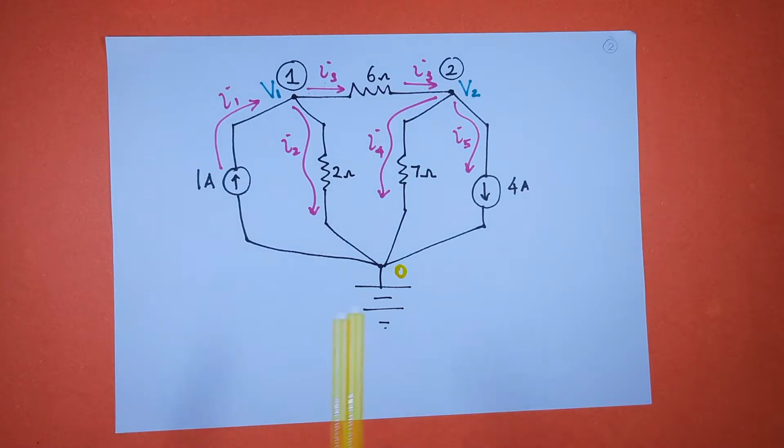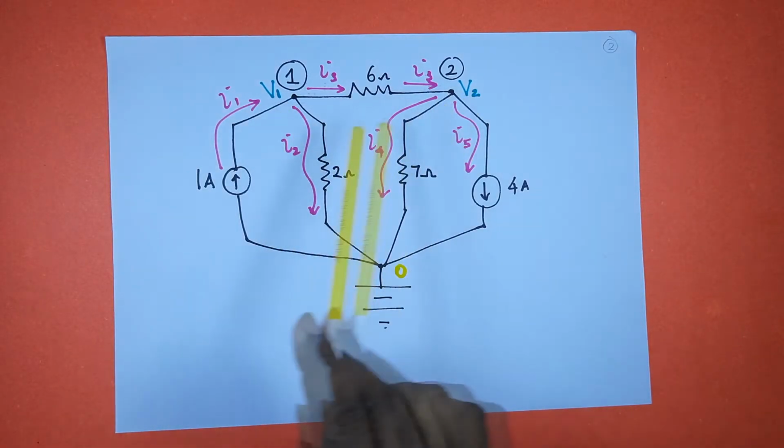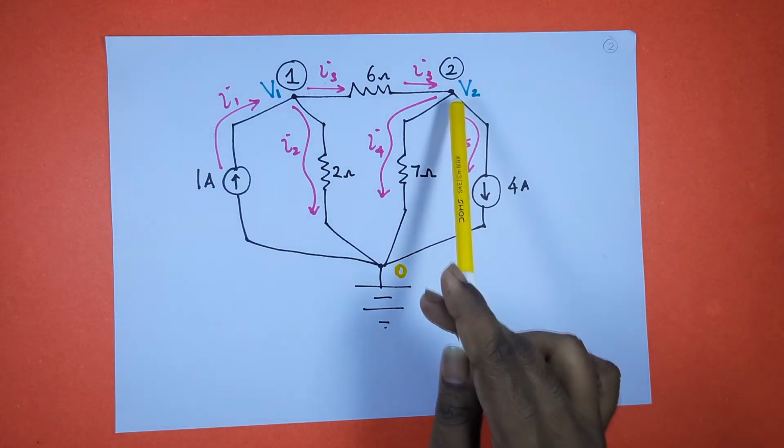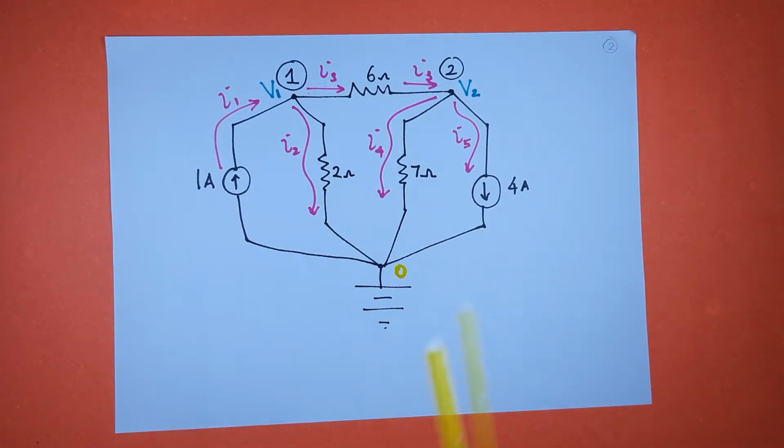Next, before I write the equations, we will apply Kirchhoff's current law at the two nodes. First node, you apply Kirchhoff's current law. Second node, you apply Kirchhoff's current law. Just remember Kirchhoff's current law in its simplest form: at any node or junction, the sum of the incoming currents equals the sum of the outgoing currents.